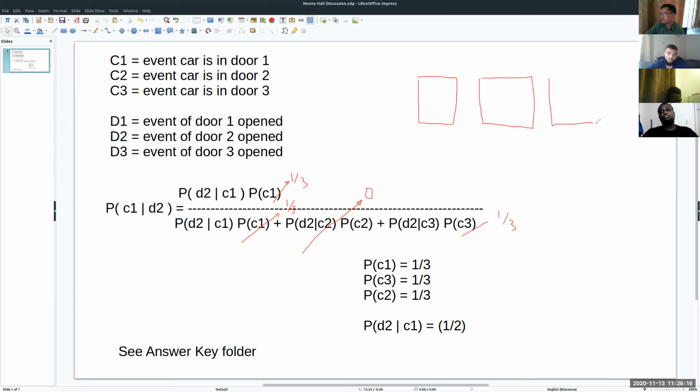So if he knows that the car is in C1, what's the probability of opening D2?